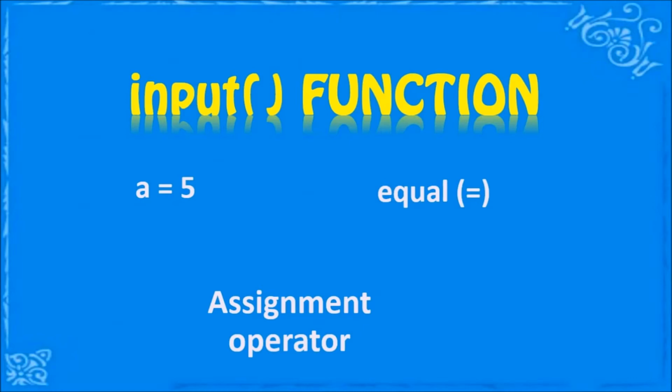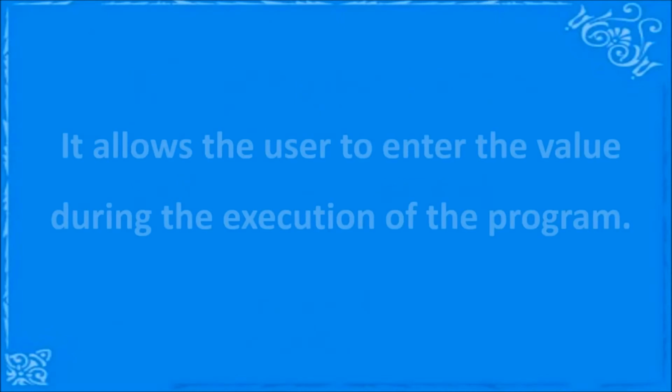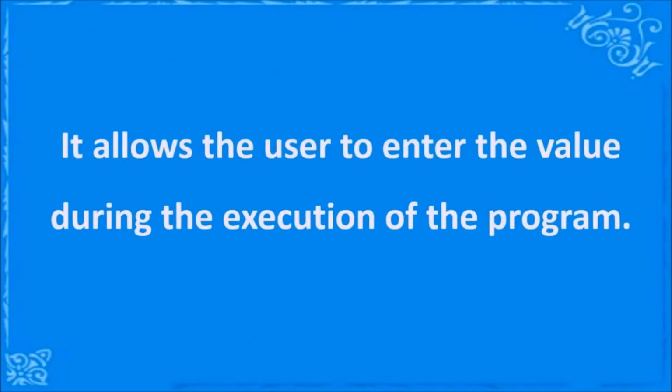Okay, and what does input function do? Input function lets the user enter the value during the execution of the program. Execution means when the program is running. In the previous example, a equal to 5, we assign the value when we are writing the program.